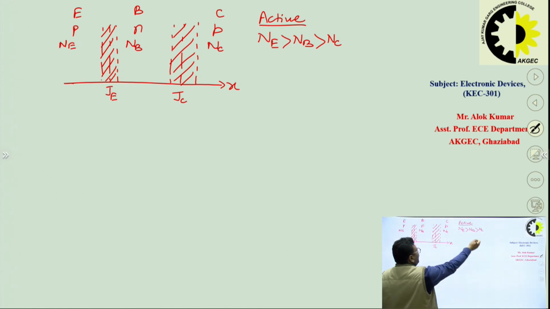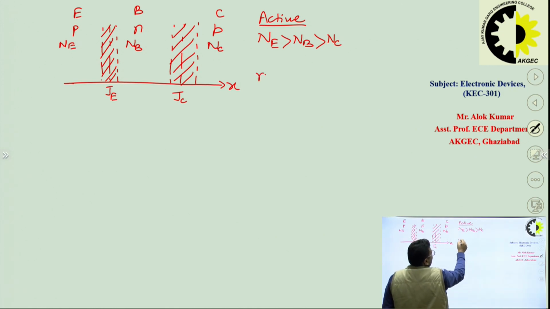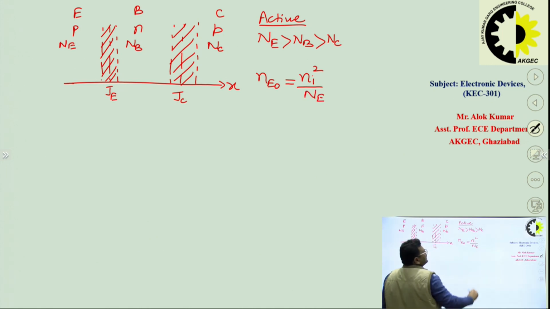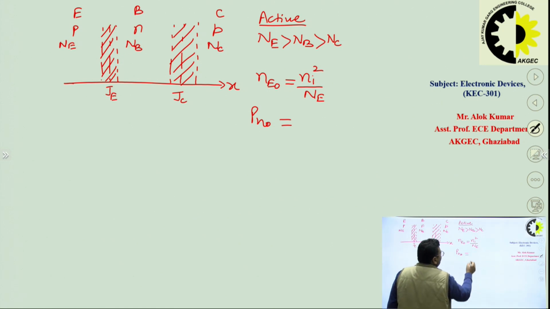The minority carrier concentration in the emitter, we are considering, is Ne naught. Ne naught can be given as Ni square divided by the majority carrier concentration, that is Ne. Similarly, for the base, we are considering it is Pn naught, and it will be Ni square divided by Nb.